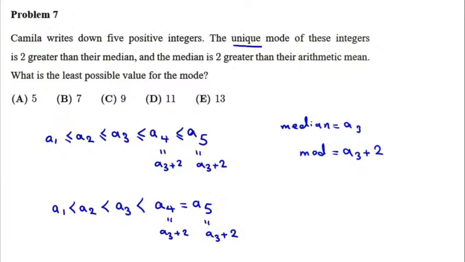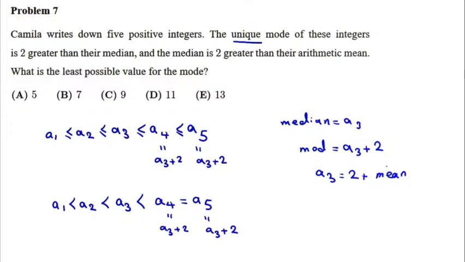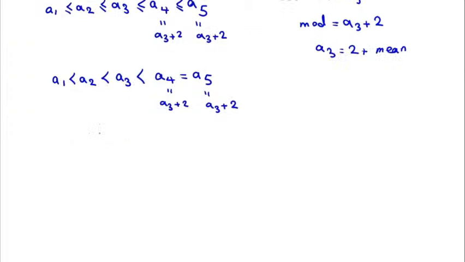Okay, we've considered the mode, and next, the median A3 is 2 greater than the arithmetic mean. So let's see what we have. A3 is 2 plus mean. Mean is what? A1 plus A2 plus A3 plus A4 plus A5 over 5.